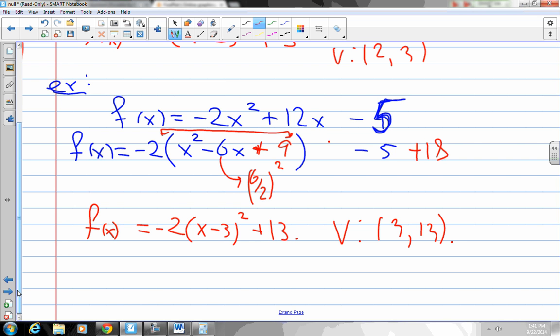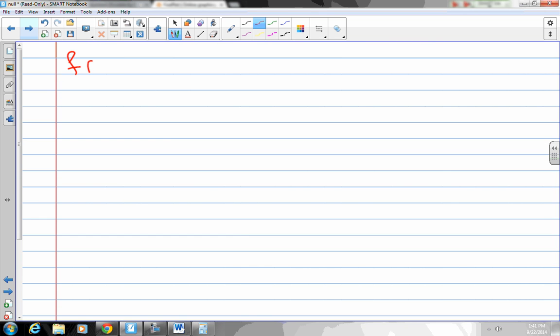Now, let's say I'm going to take this function, f of x equals -2x squared plus 12x, what is it, minus 5? For whatever reason, when I toss this marker up in the air, it draws a parabola, right?